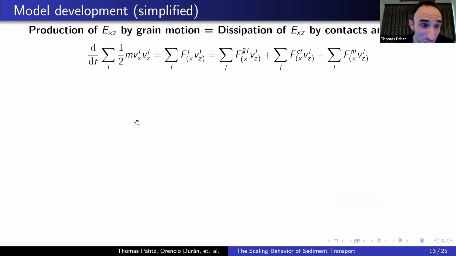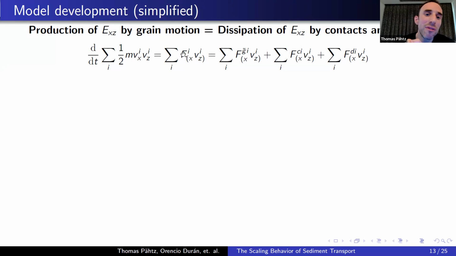Now, this becomes important because we can write down, exactly and without any approximation, a law for the production of E_xz, which in equilibrium equals the dissipation rate of E_xz. Let's start with this equation. When we look at the sum over all these energies of all particles, so 1/2 m Vxi Vzi, and we take the time derivative, what we get is the sum of all forces times velocity, and these brackets here mean symmetrization.